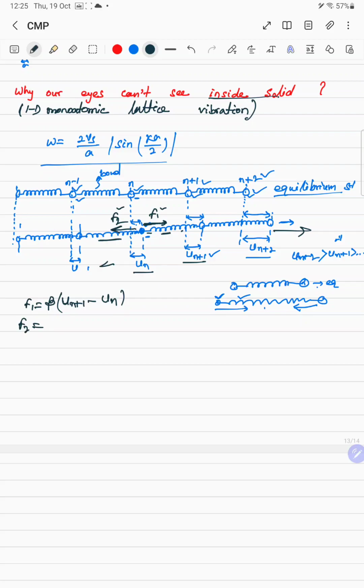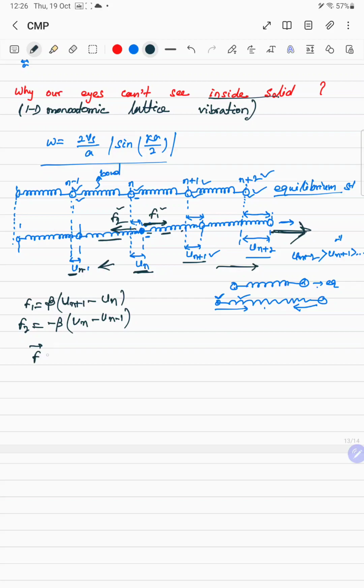F2 is in the opposite direction of the displacement. It will be minus beta into u(n) minus u(n-1), because the displacement on this side is larger.